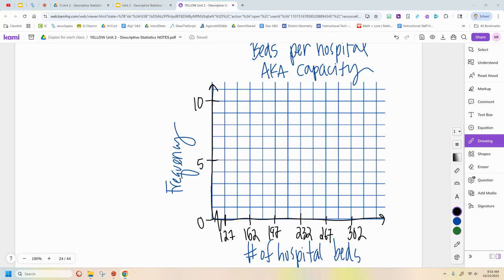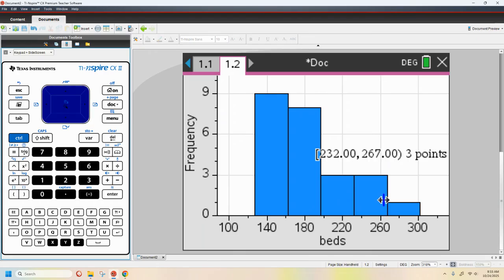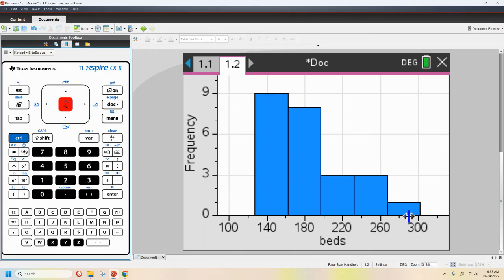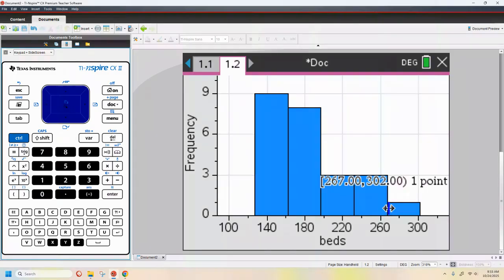Get that one right? Oop. You can be careful. I don't want to move it. There we go. Okay, cool.